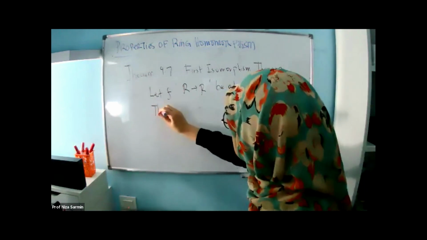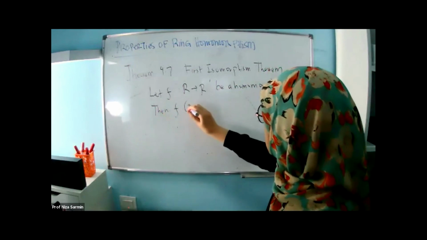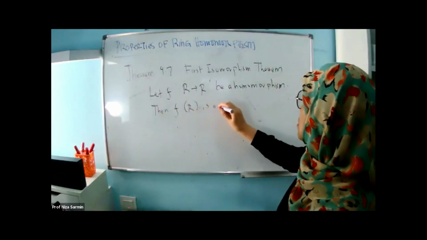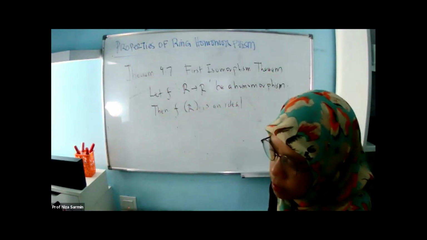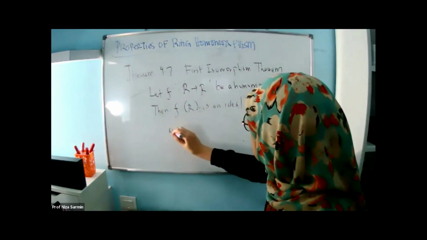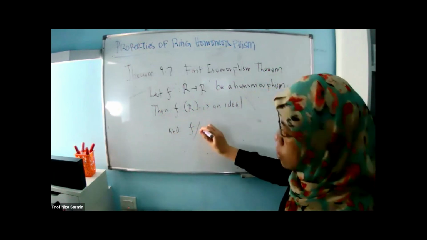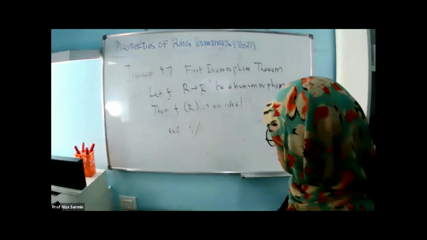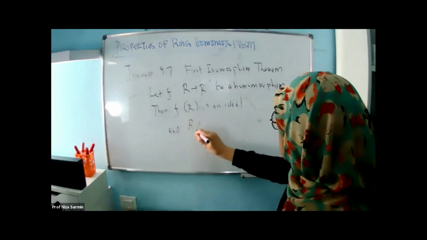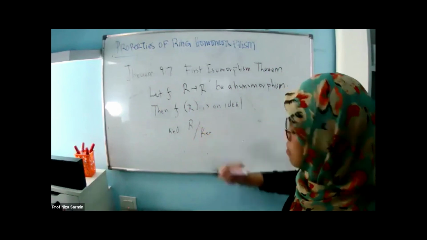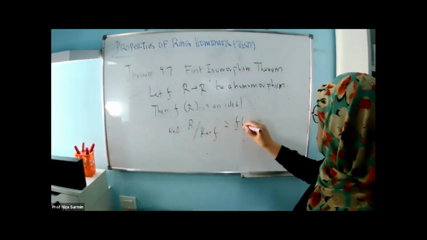Then F of R is an ideal. And R mod kernel of F is isomorphic to F of R.